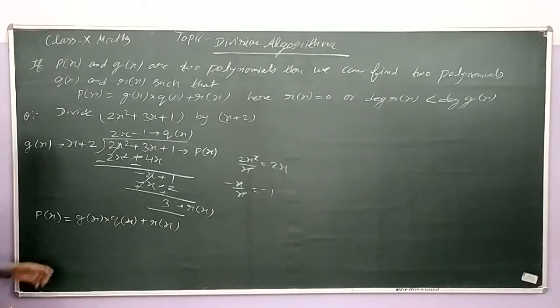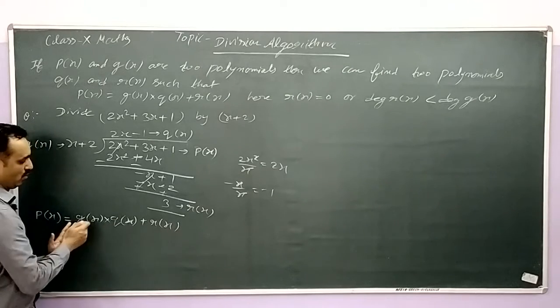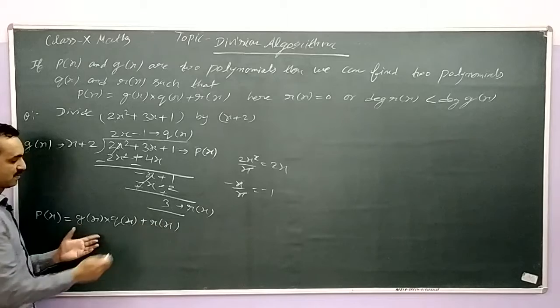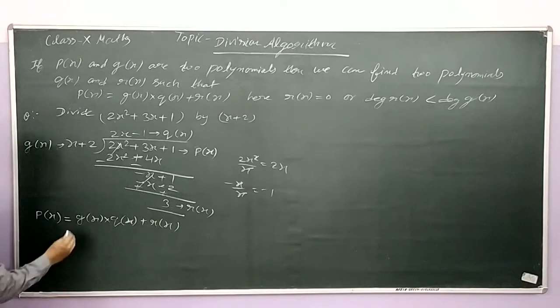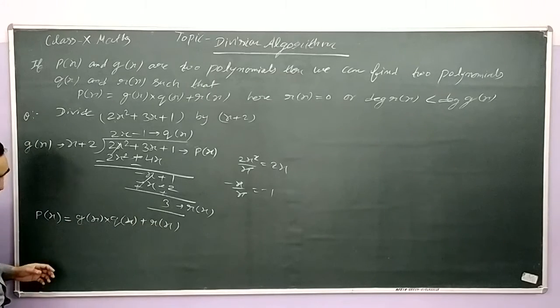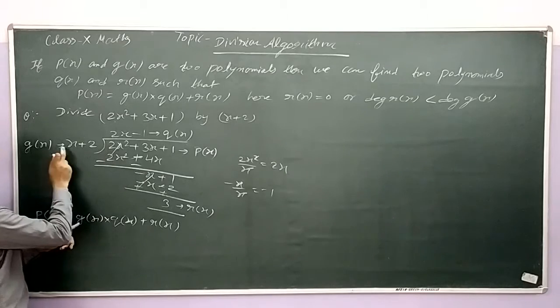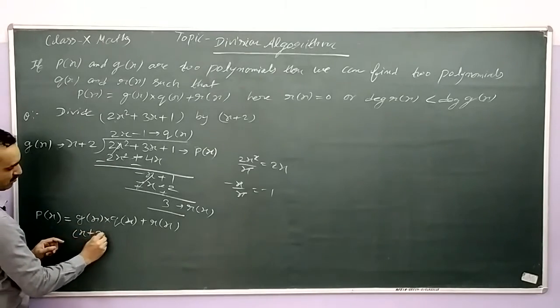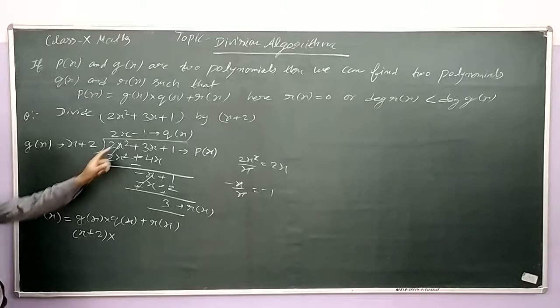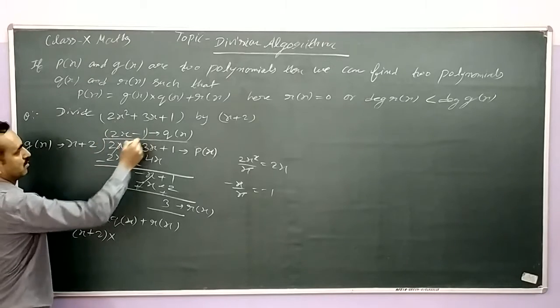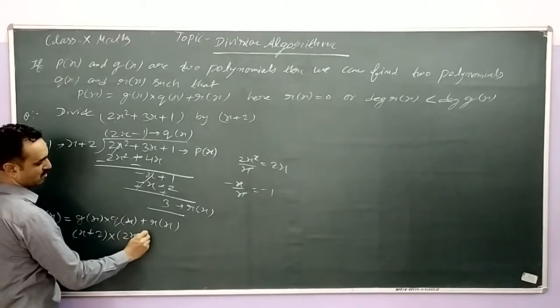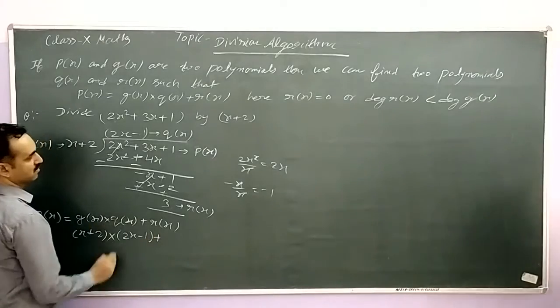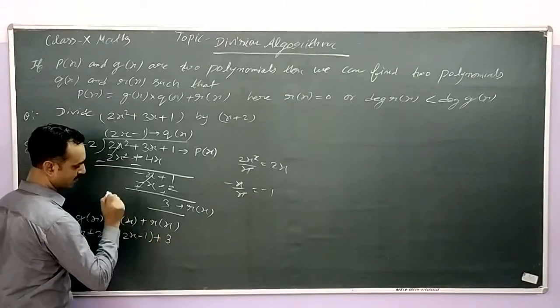Now we will verify. Verify means we will put the values of G(x), Q(x) and R(x) in the RHS part. So we put the value of G(x), which is x plus 2, multiply by Q(x), which we got as 2x minus 1, plus R(x), which is 3.